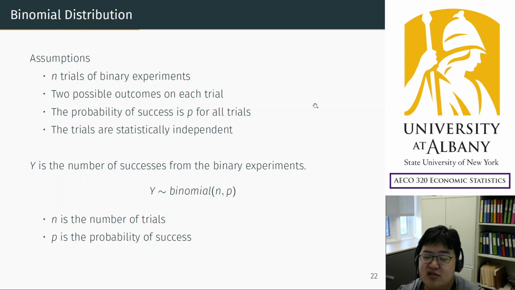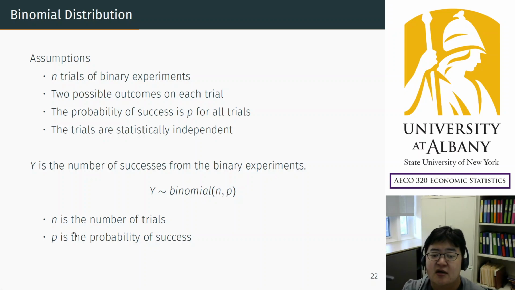But anyhow, under these assumptions, if a random variable y is the number of successes from experiments satisfying these assumptions, then that is binomial distribution. The binomial random variable follows a binomial distribution with two parameters. Now, there is an additional parameter, n.